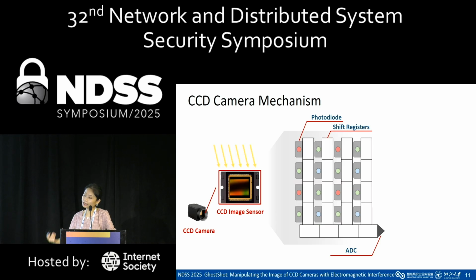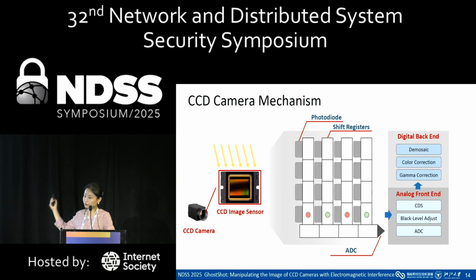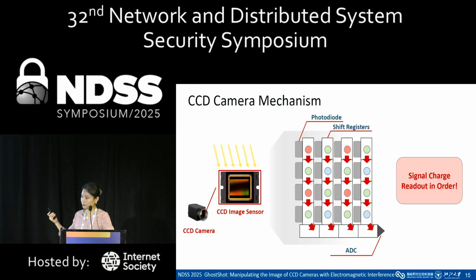When the light comes, the photodiodes transform the light into electric charge, and then the shift registers read those charges row by row, and finally they are input to the digital and analog part of this camera in order to transform into an image.